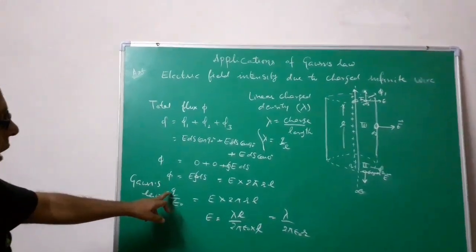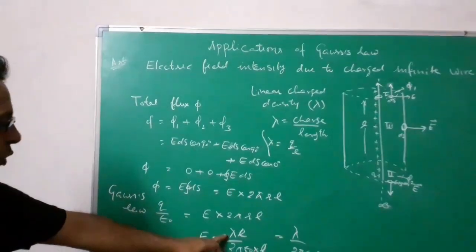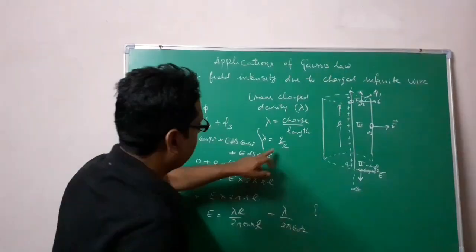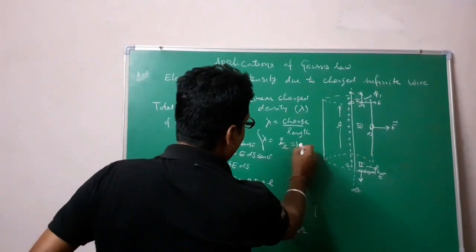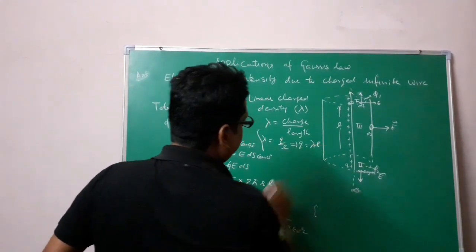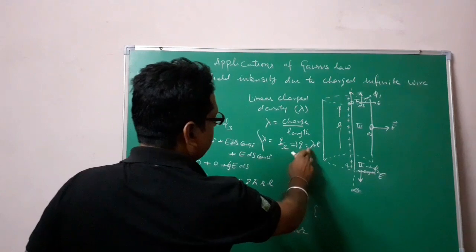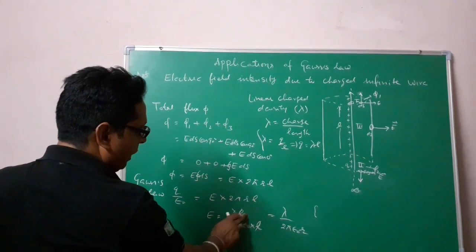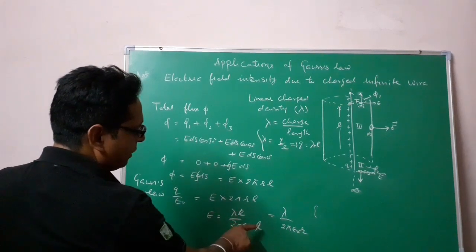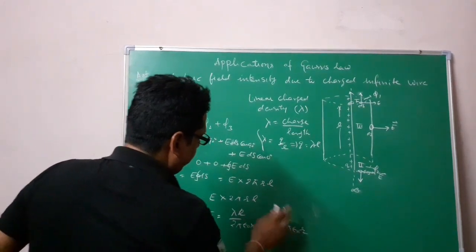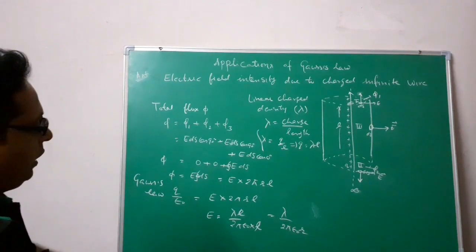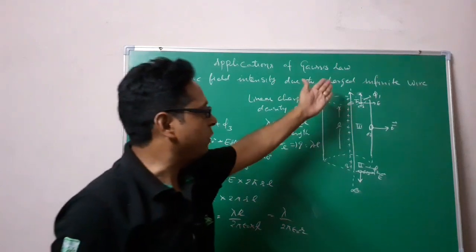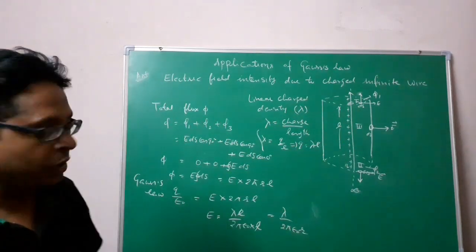Actually here for the charge we have substituted the value of Q. Here you can write, I have just written Q is equal to lambda into L, right? So that is why I have substituted lambda into L. So this L will be cancelled out, and we have found the electric field intensity due to a charge. The whole wire is charged, right?